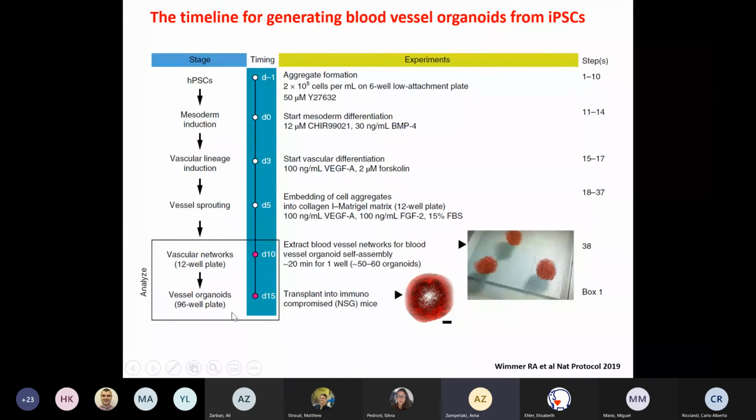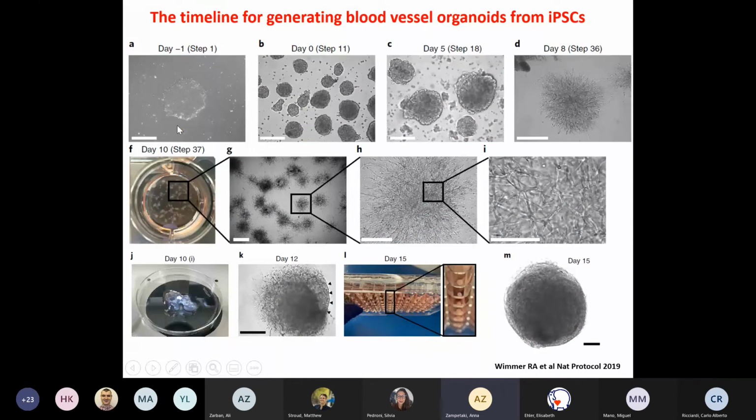So just to put some images on all these steps, we start with iPS cells. Then you have the aggregates that will differentiate to mesoderm and vascular progenitors, as you can see here. After embedding into the substrate, you have the vascular network formation that is extracted and placed into 96 well plates.